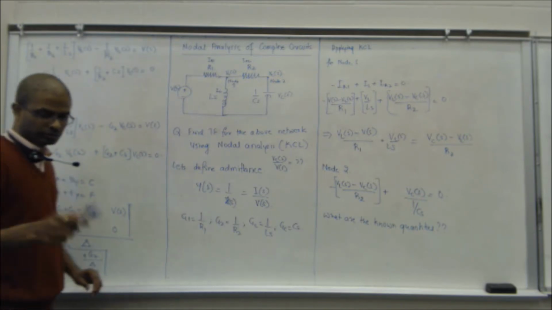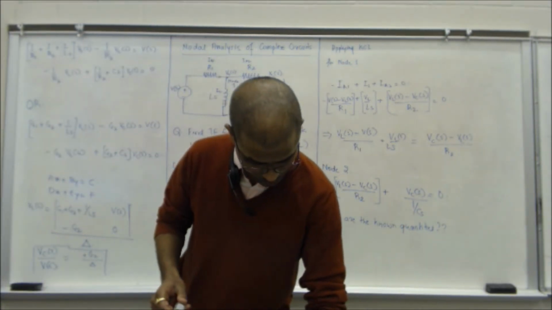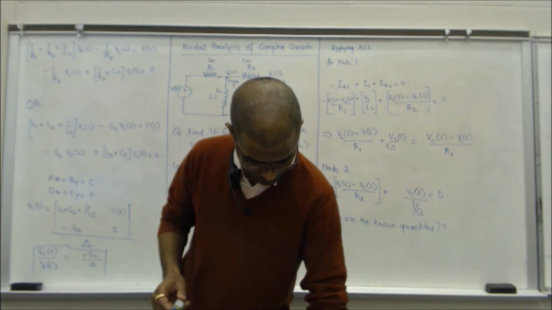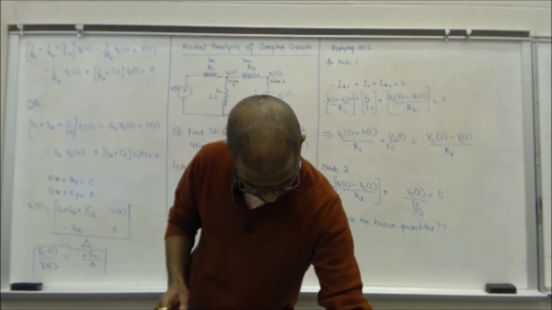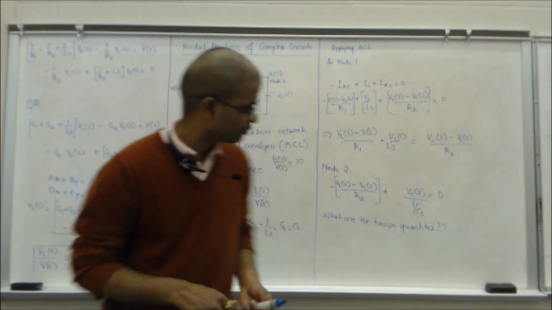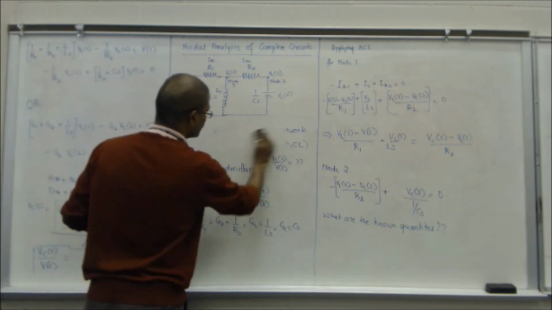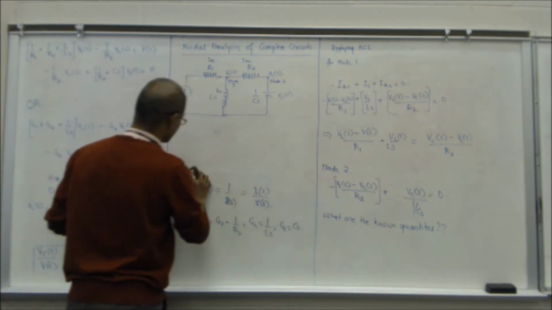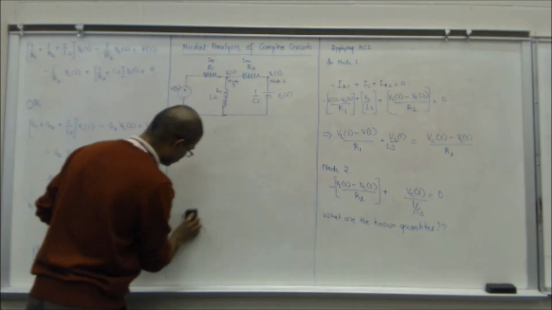I will take some time to give you the textbook approach as well in this regard. If you're following the textbook, we use something called Norton's rule to convert the voltage sources to current sources.